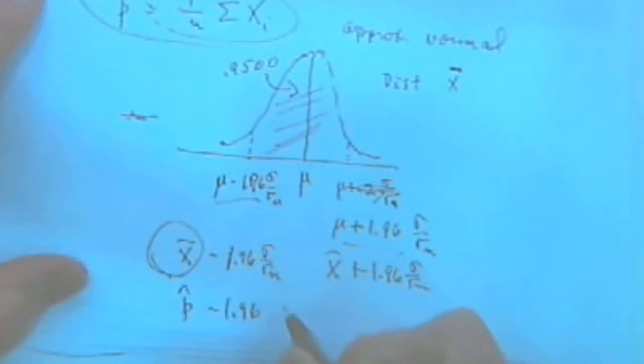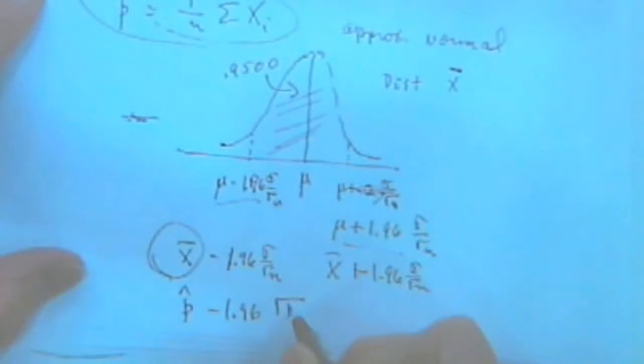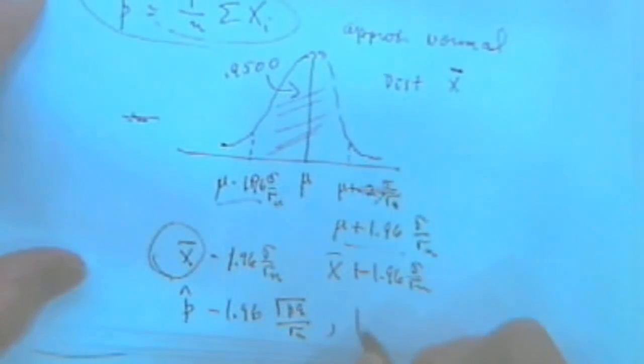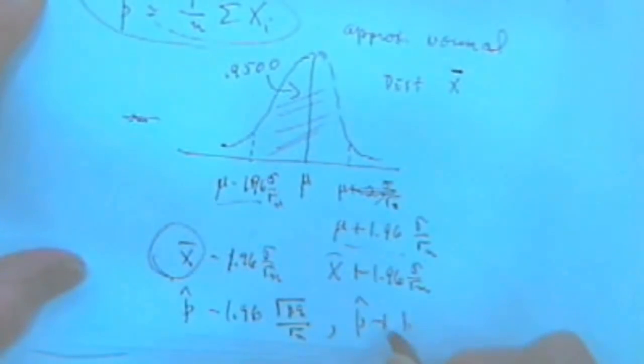So in our particular problem, the x bar is p hat. But sigma becomes root p times q. So there's our interval. There's our 95% confidence.